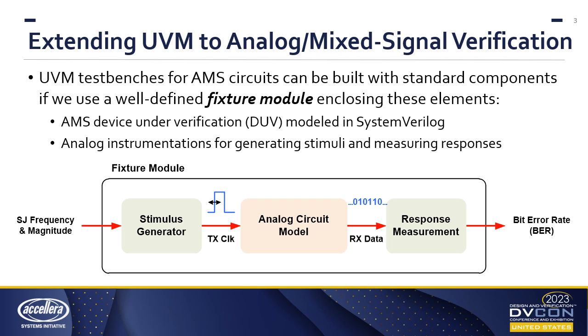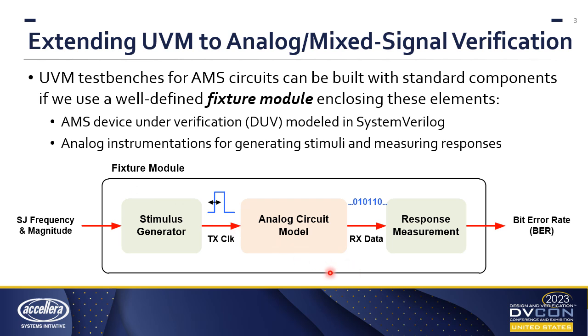As you know, Universal Verification Methodology, or UVM, is a library of components for building reusable test benches for digital systems. Surprisingly, you can use the same UVM components for analog and mixed signal circuits if you use a well-defined fixture module satisfying these two requirements.